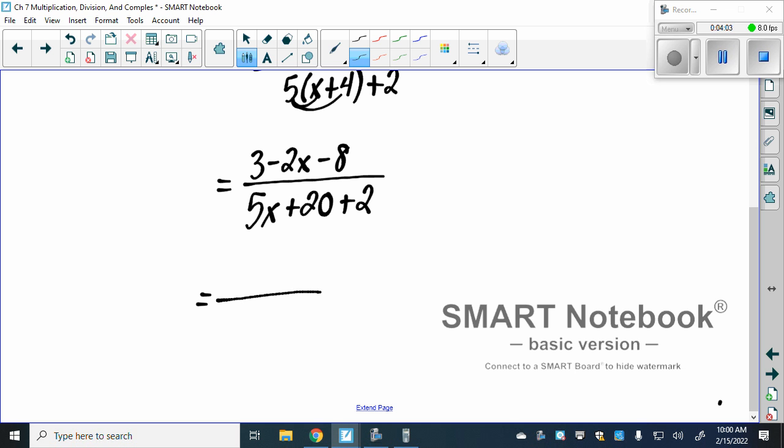So in the numerator, we would have, well, negative 2x, because there are no other x terms in the numerator. And the 3 minus 8 would be negative 5. The denominator, well, 5x does not have any like terms, plus 22.